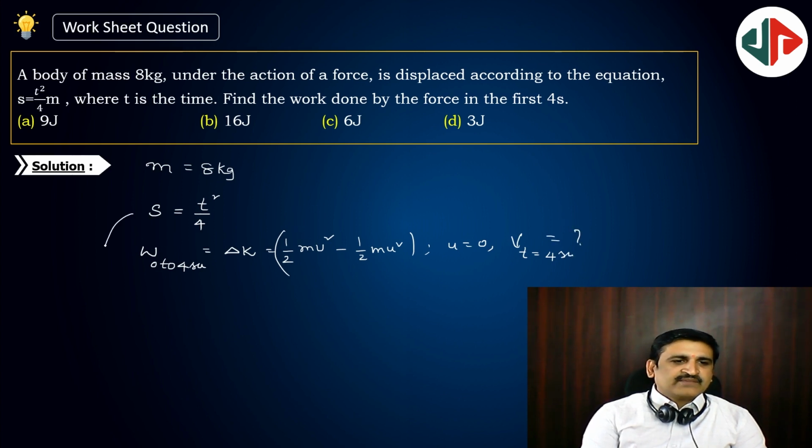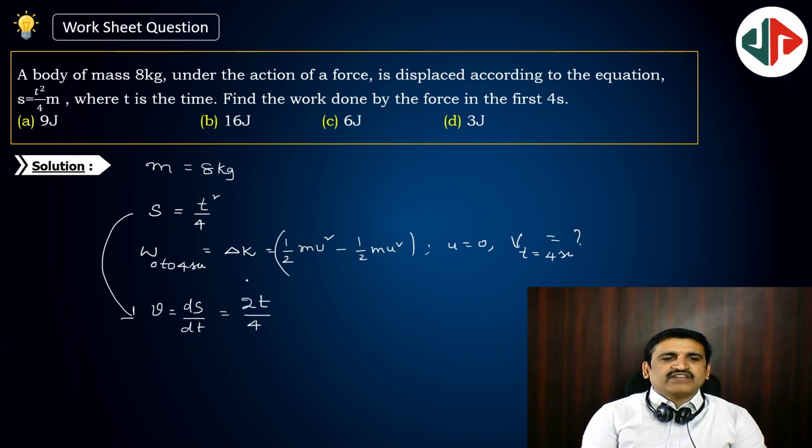So for that, I am taking advantage of this S. Velocity is equal to ds by dt, that is equal to 2t by 4, derivative. So that is nothing but t by 2. This implies velocity at the end of 4 seconds is equal to 4 by 2, which is 2 meter per second. Wow.